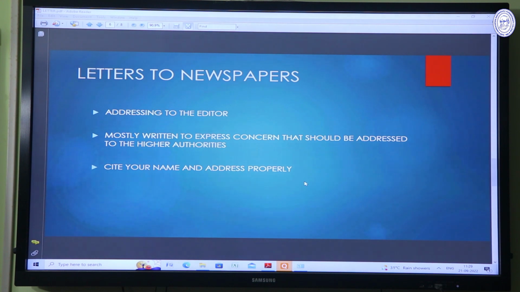More often than not, as a citizen, when somebody is denied the basic rights, supposedly after a rainfall, someone's house is waterlogged for 2 days and the local administration is not taking enough steps to clear out the water, then the person can write a letter to the editor. Now, you can ask me this question, when somebody is writing a letter to the editor, what is he expecting? Is he expecting the editor to come and clear the water? No, of course not.